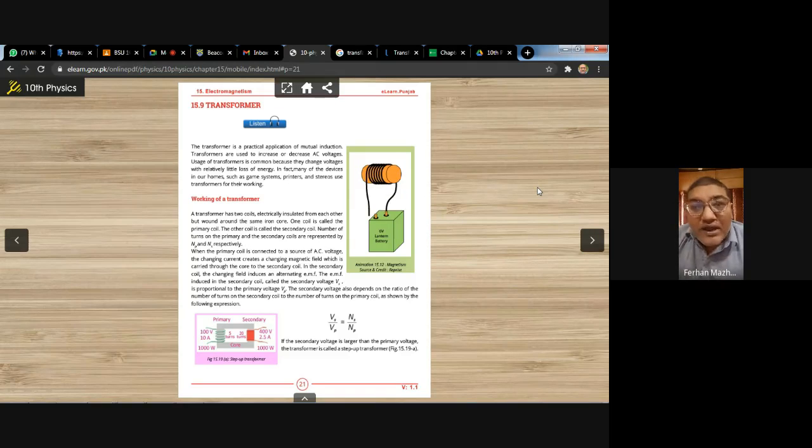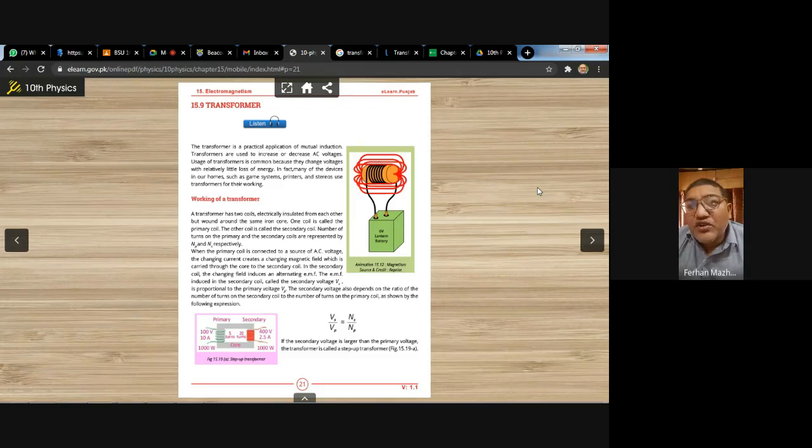When the primary coil is connected to a source of alternating voltage, the changing current creates a changing magnetic field, which is carried through the core to the secondary coil. In the secondary coil, the changing field induces an alternating EMF. The EMF induced in the secondary coil is called the secondary voltage, Vs. The voltage induced in the secondary coil, Vs, is proportional to the primary voltage Vp.